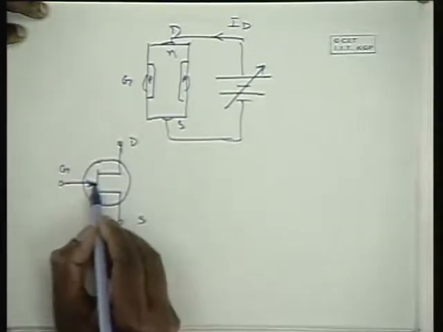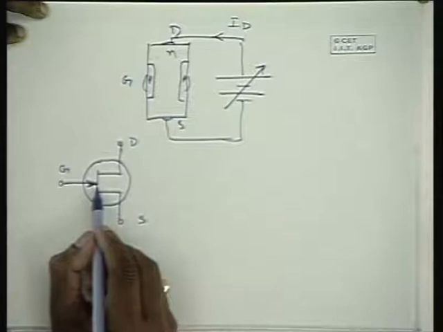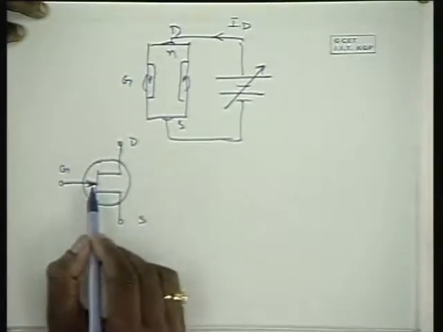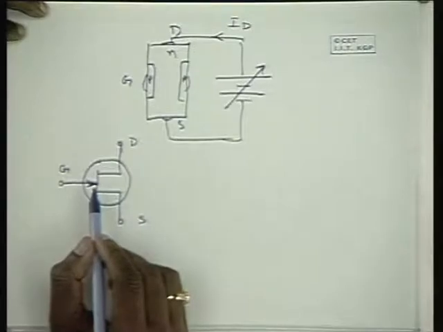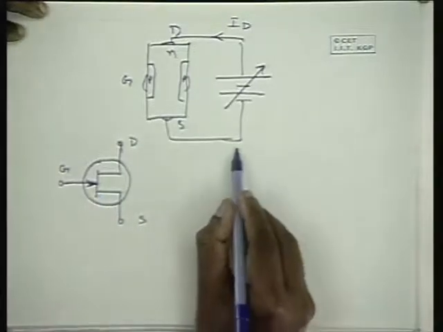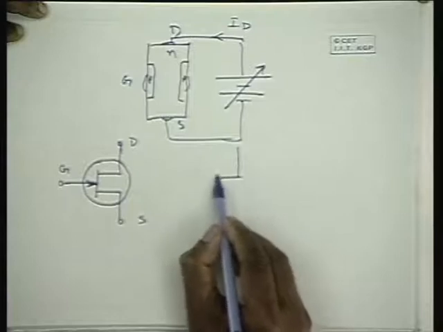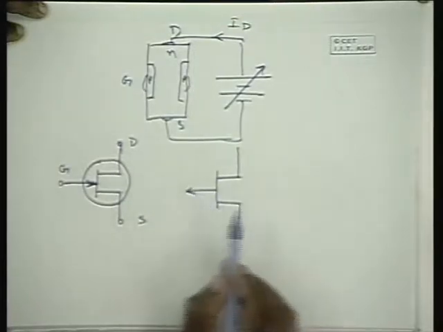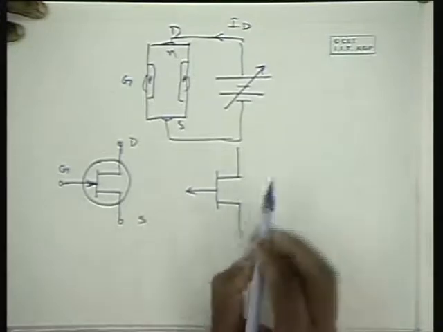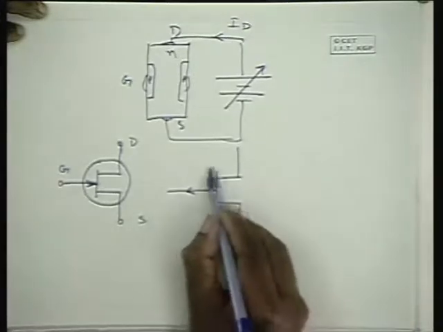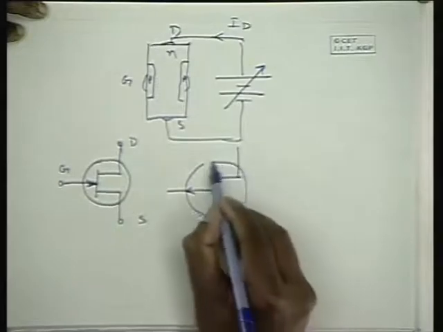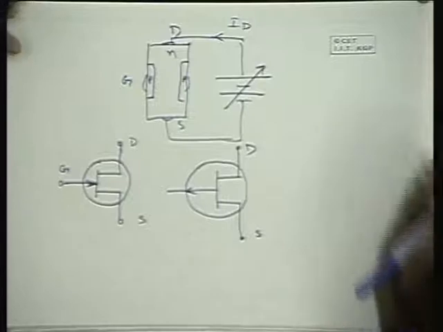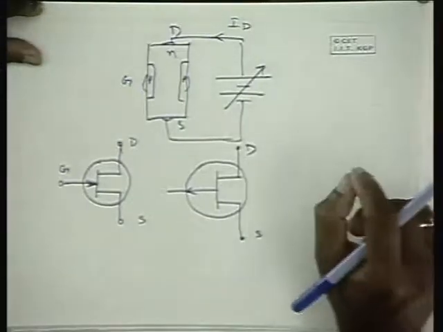And this arrow into the channel indicates that it is an N-channel FET. On the other hand, if it is a P-channel FET, the arrow is to the outside. This is the circuit symbol used.